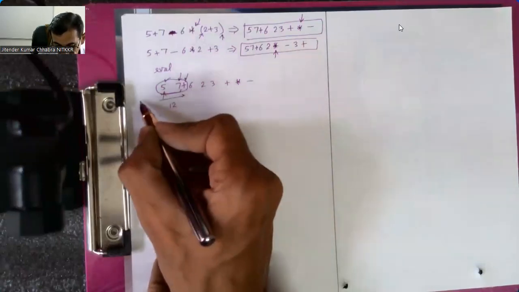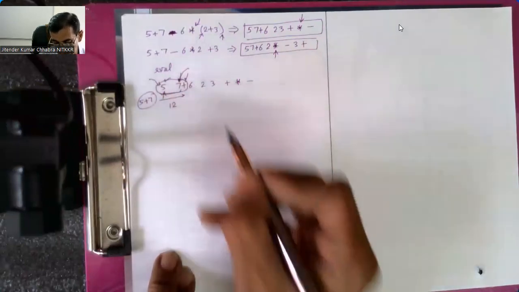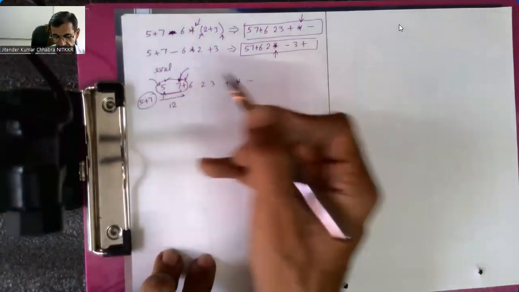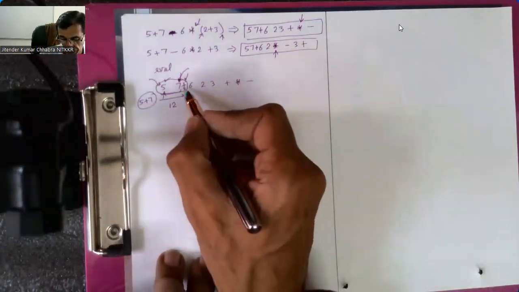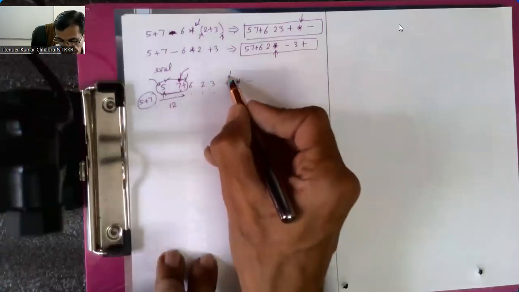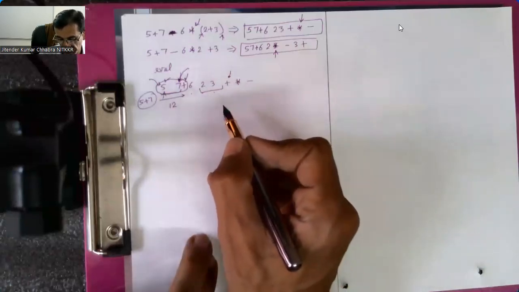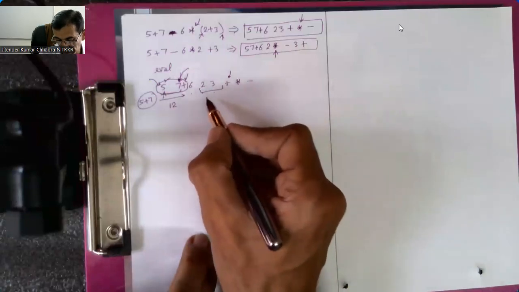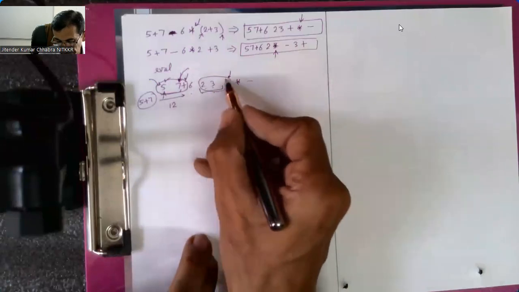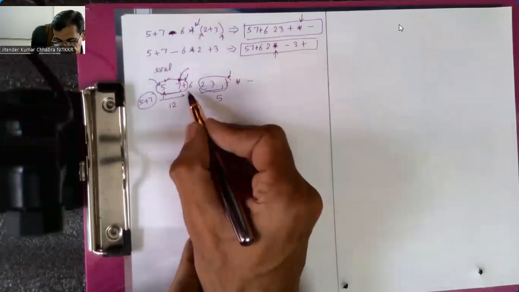12 is 5 plus 7. 5 is the first operand, 7 is the second operand. 5 is the operand on the left side always, 7 is the operand on the right side. I am assuming binary operator plus. Then comes 6, then 2, then 3, then plus. Plus automatically means the previous two are its operands, so this becomes 2 plus 3, which is 5. 6 was already here.